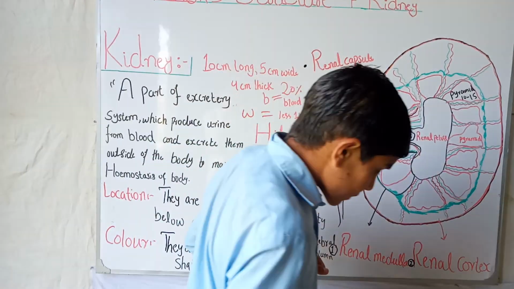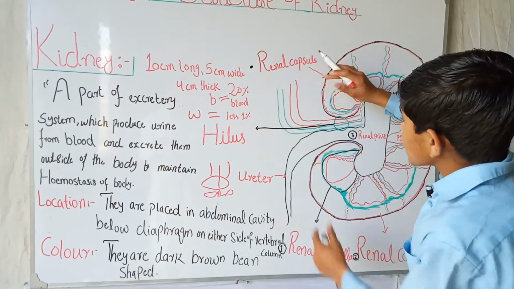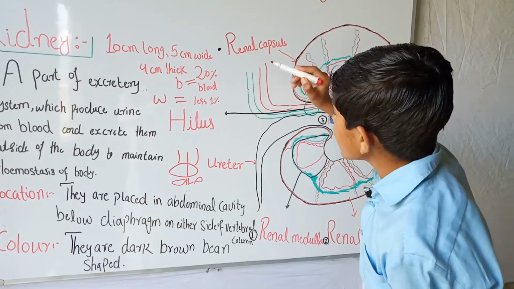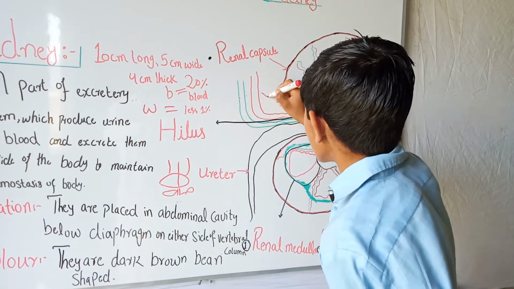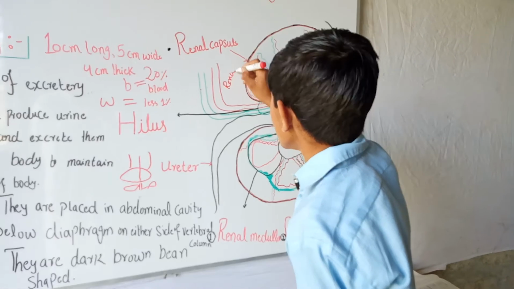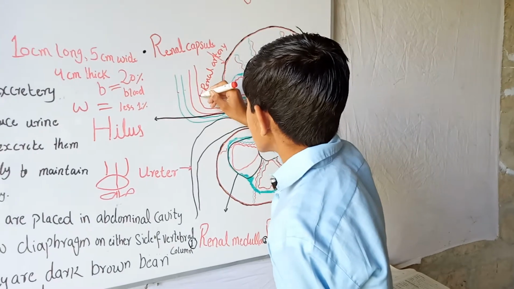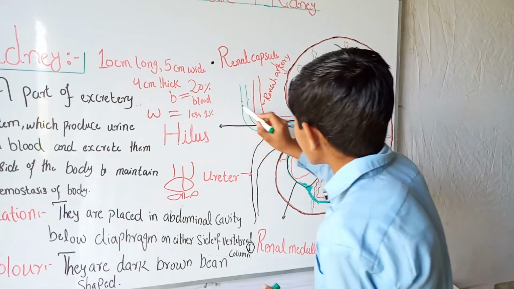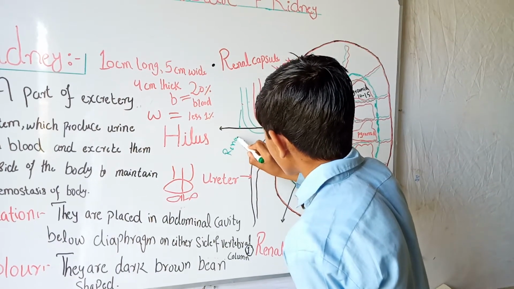Now let's come to its structure. You can see here the blood comes through these two. This is the renal artery and another one is the renal vein.